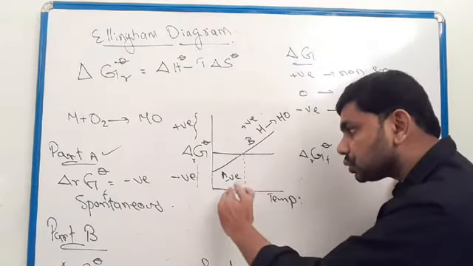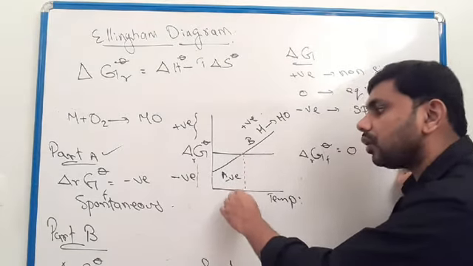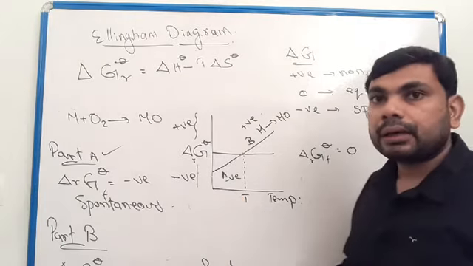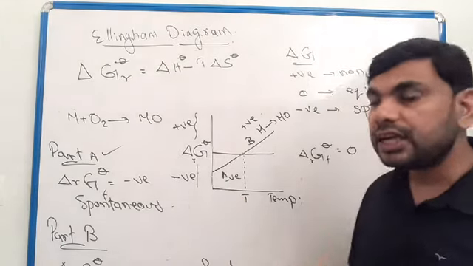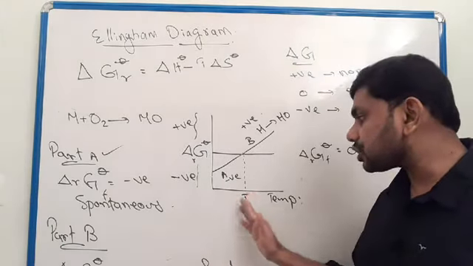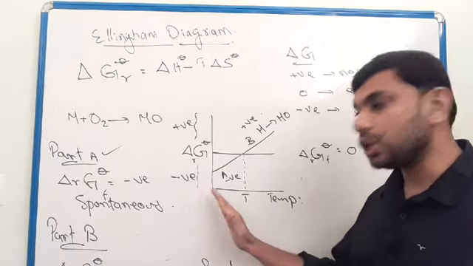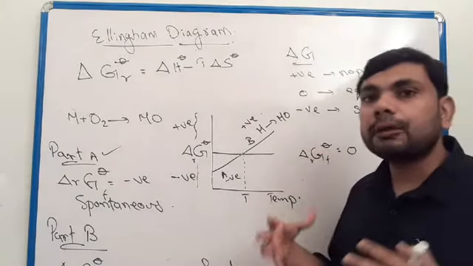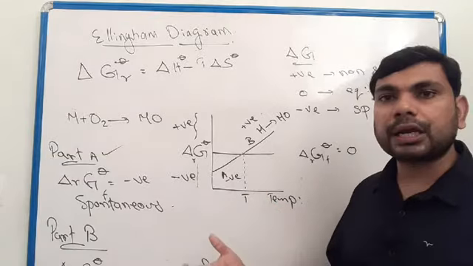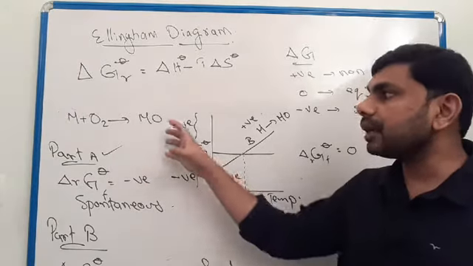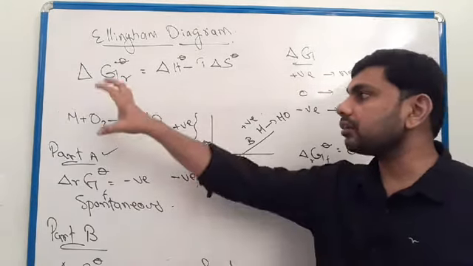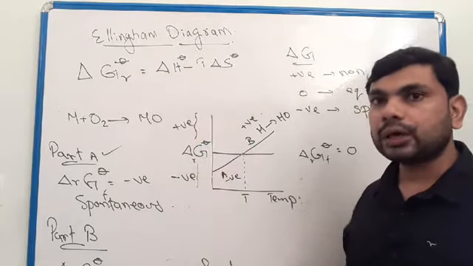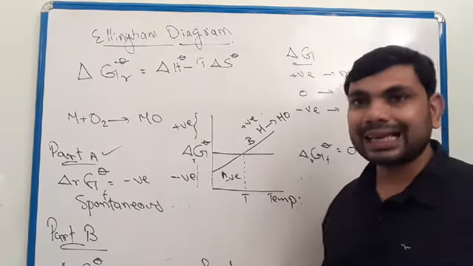So you have to choose 200, 300 or 400, whichever is convenient. We have to choose a temperature below this, not after this. In this way the Ellingham diagram helps us to choose a better temperature to convert a reactant to product. So this is the Ellingham diagram.